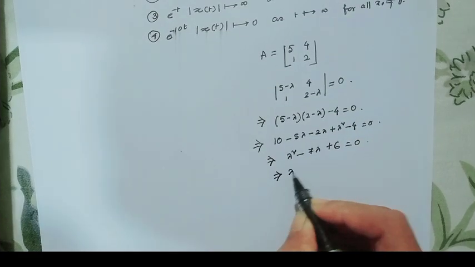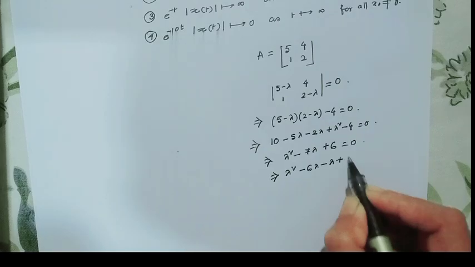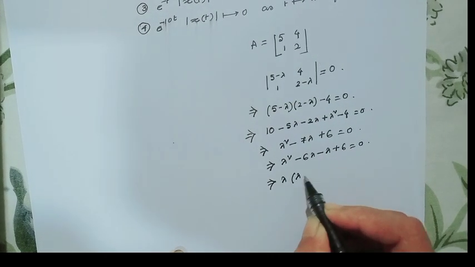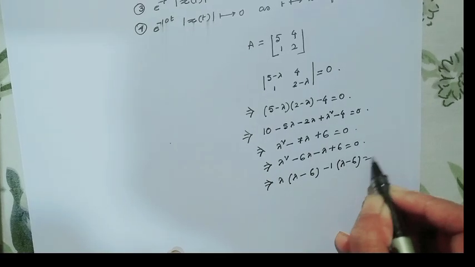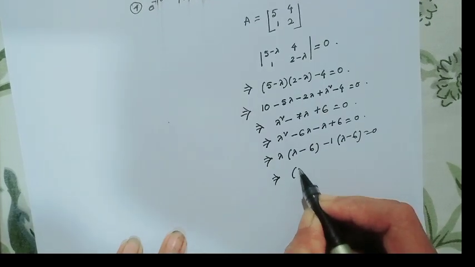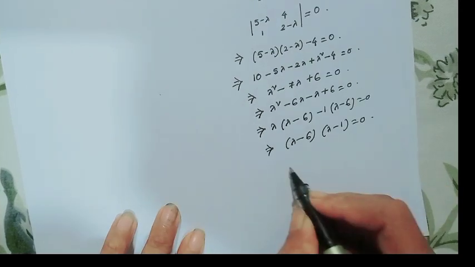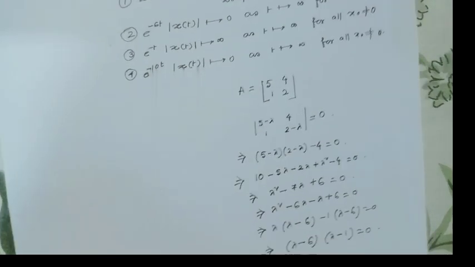That is lambda squared minus 6 lambda minus lambda plus 6 equals 0, so (lambda minus 6)(lambda minus 1) equals 0. Hence lambda equals 6 and 1 are the eigenvalues.